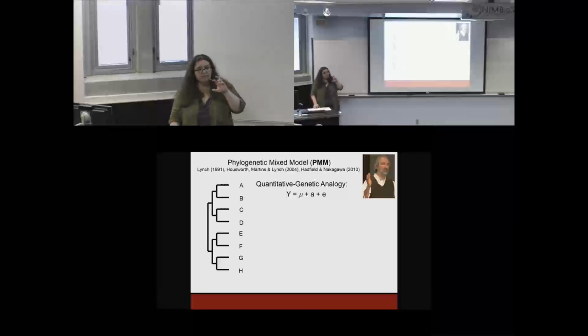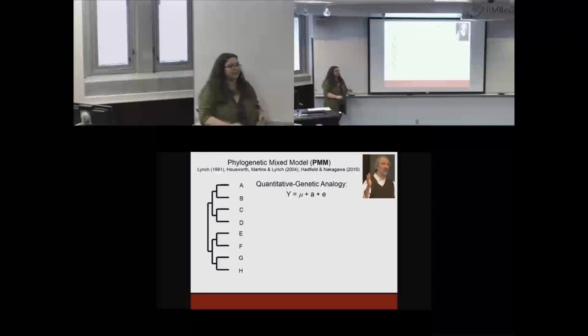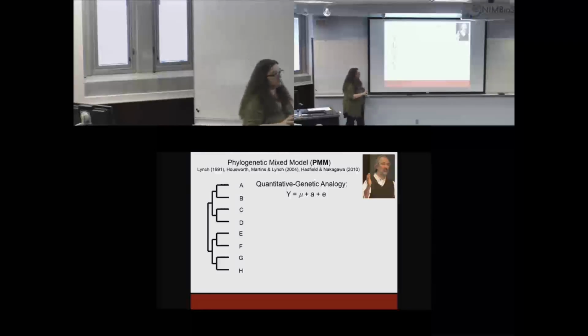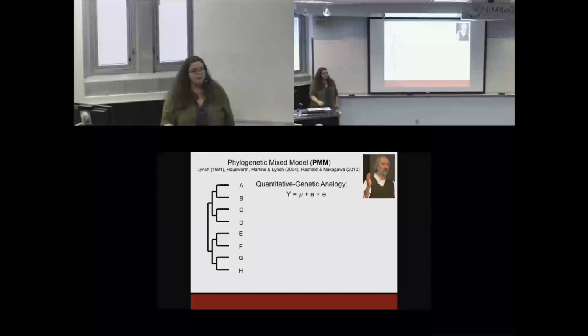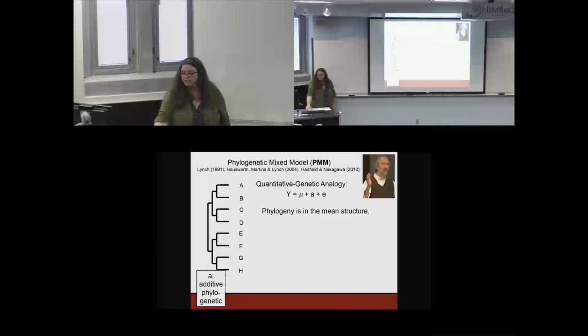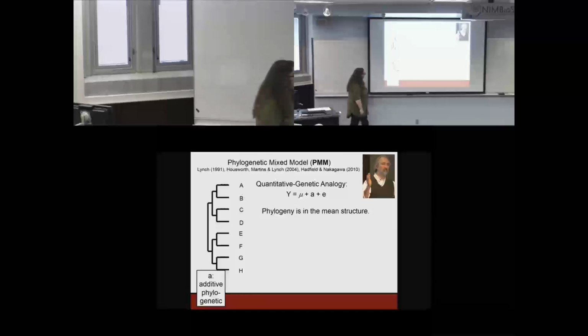So he took the basic idea, right, that we're going to estimate a phylogenetic effect and a non-phylogenetic effect, an additive genetic, or rather an additive phylogenetic effect, and a specific effect, but using the machinery that we have already from quantitative genetics. So again, it's saying that the phylogeny is in the mean structure.